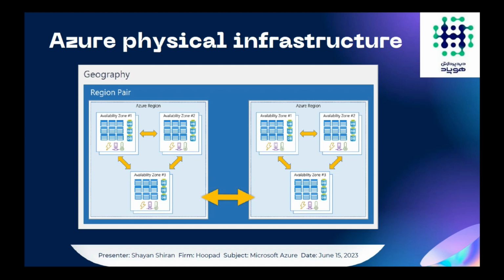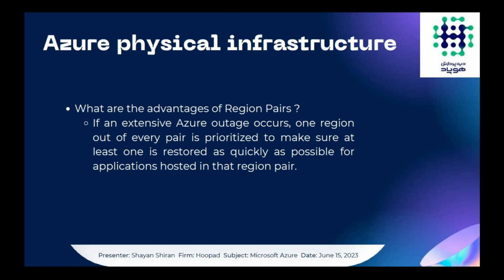US East, for example, replicates its data to US North. This is called one-way direction between the region pairs. And there are some other kinds of regions, and I will mention them in the coming slides.